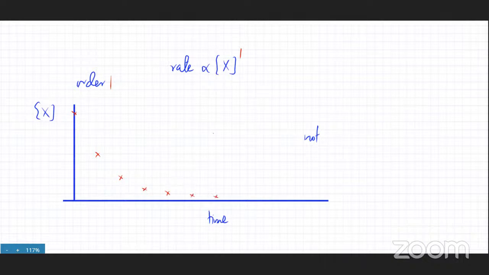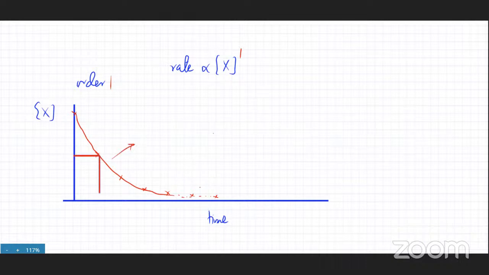So in this case, the graph is going to be a curve with decreasing gradient. So half-life remains a constant.